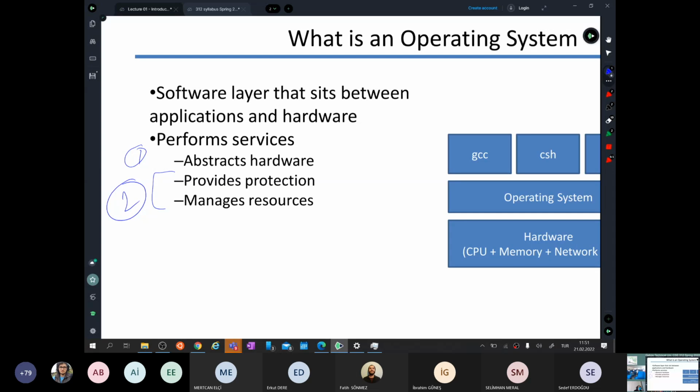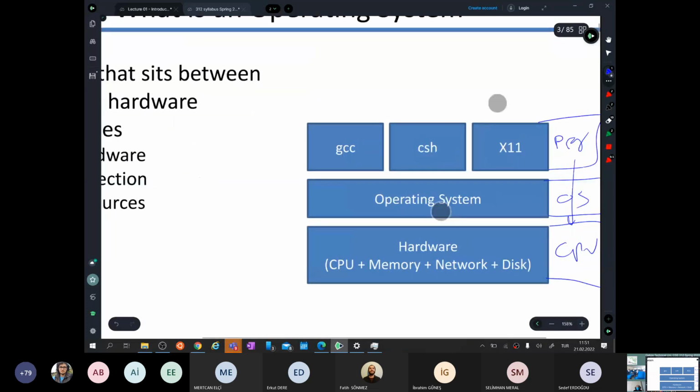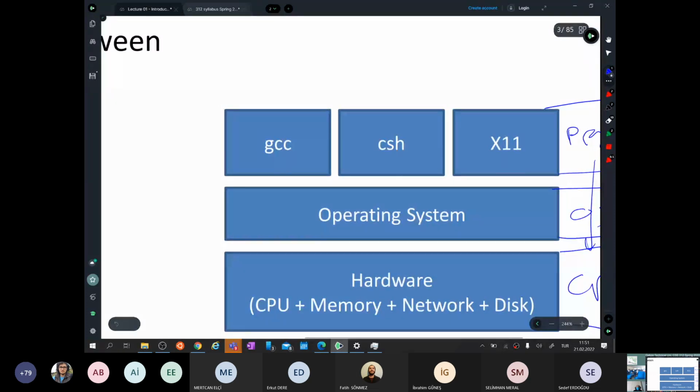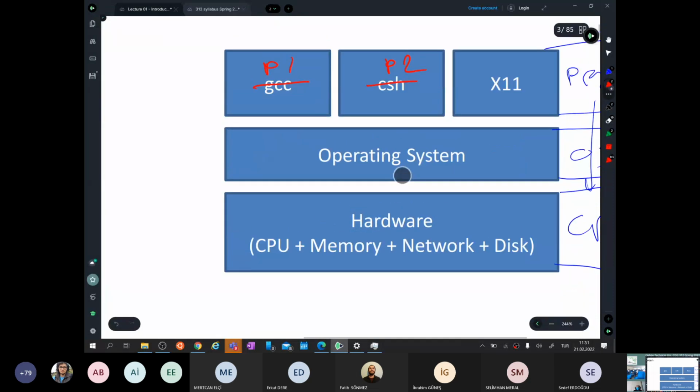So that's called protection. Let's call these program number 1 and program number 2. In my hardware, I have the memory location for program number 1 and memory for program number 2.